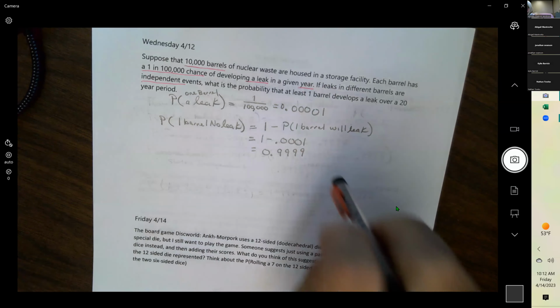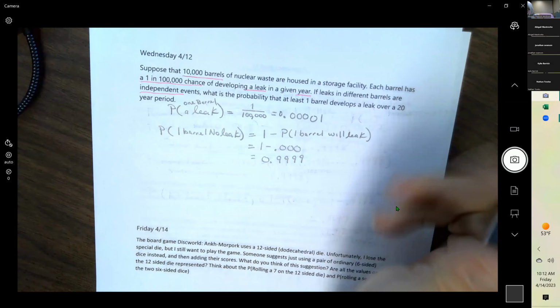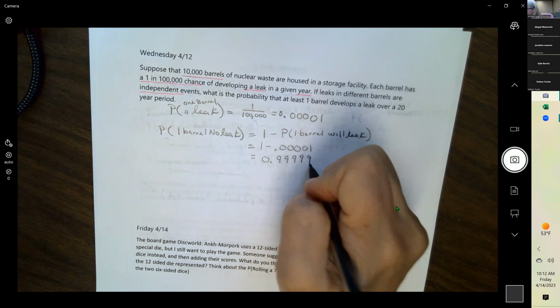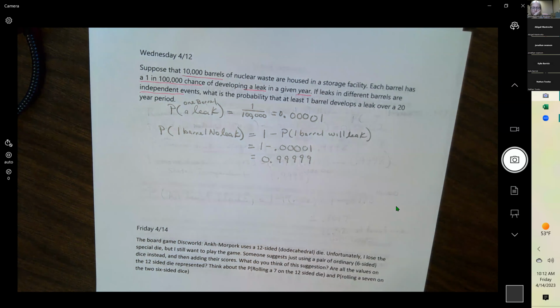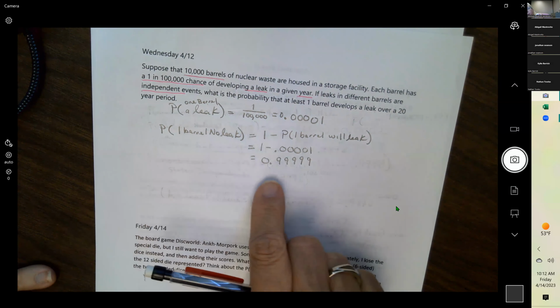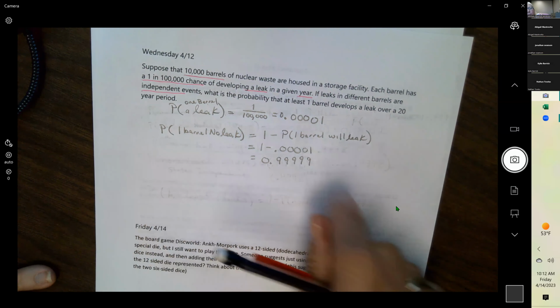Oops, I'm missing a 0 in them. 1, 2, 3, 4 zeros. So the probability that one barrel will not leak is 0.99999.